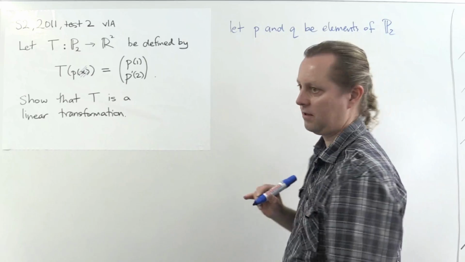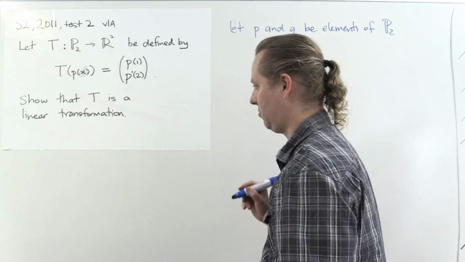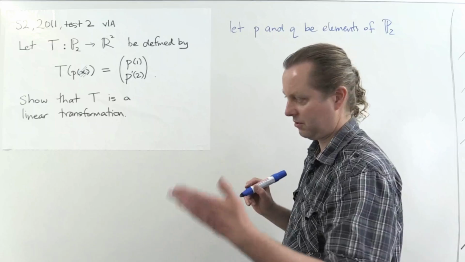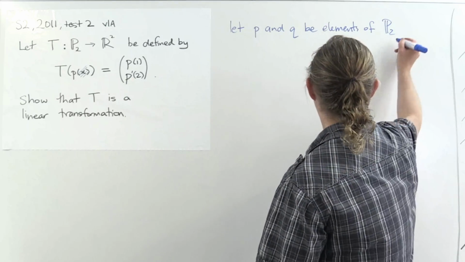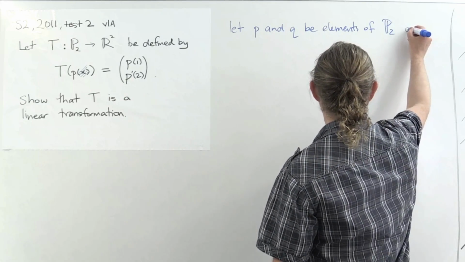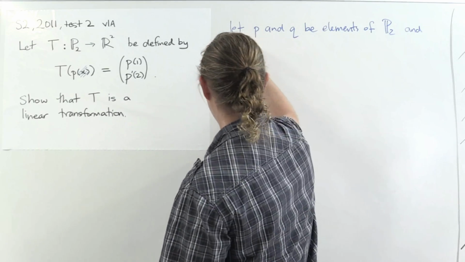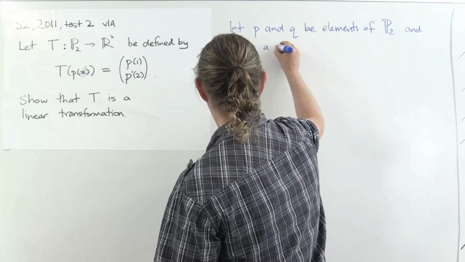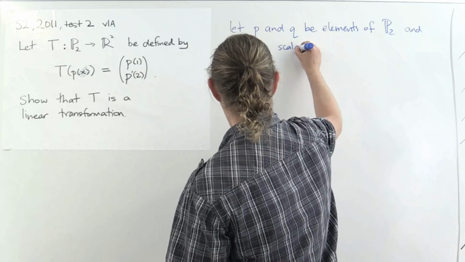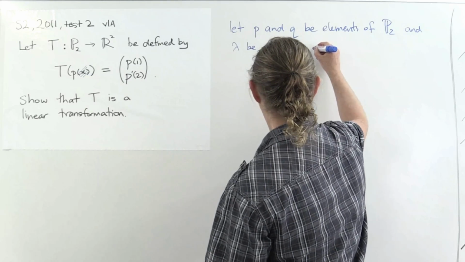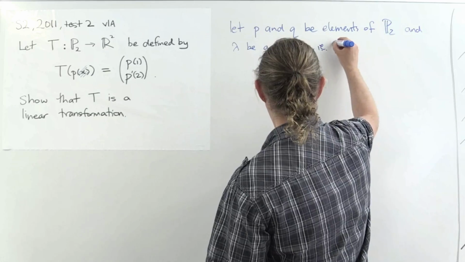So these are polynomials of degree 2 or less. So quadratics, linear things, constants, or possibly 0. And I might also think ahead and define a scalar. So lambda is a real number.